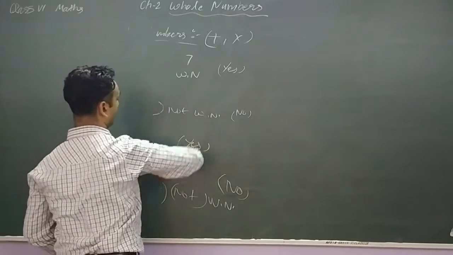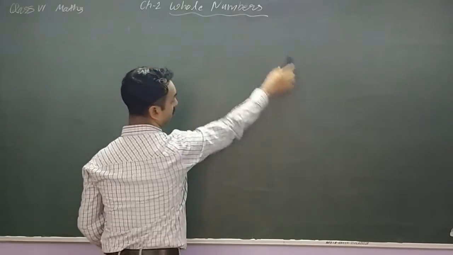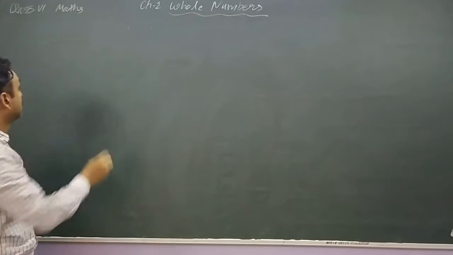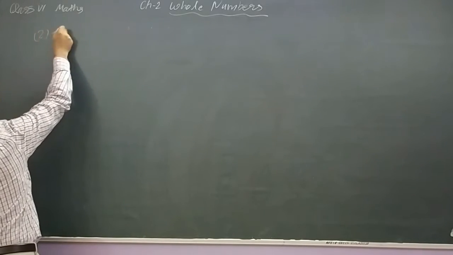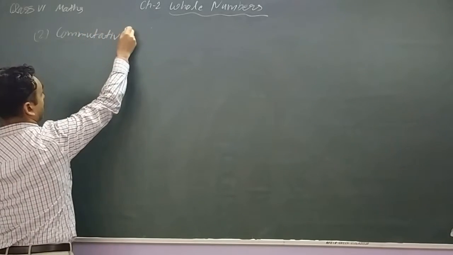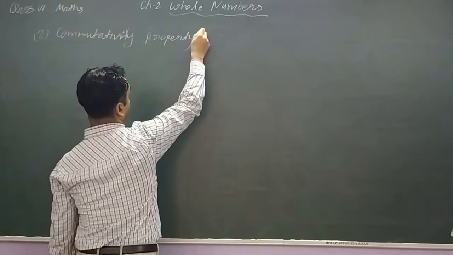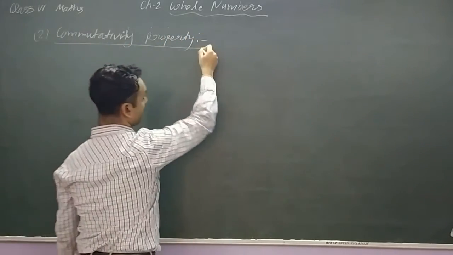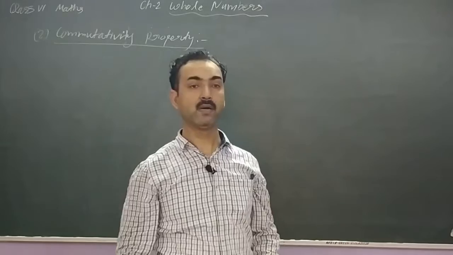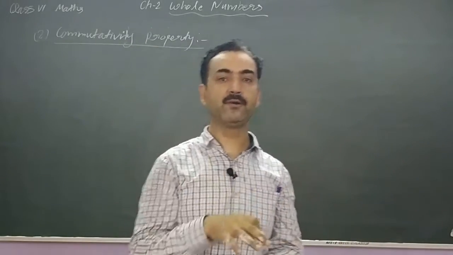Now we will understand about the second property, which is the commutative property. What is meant by the commutativity property? Commutative property means we can add two whole numbers in any order.